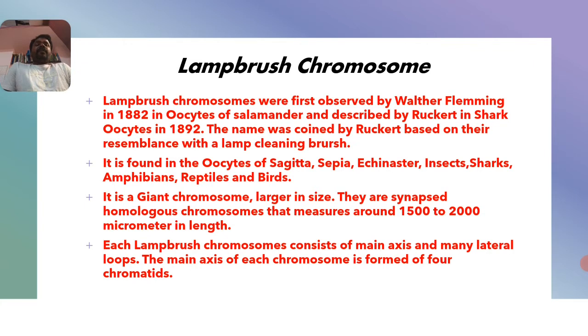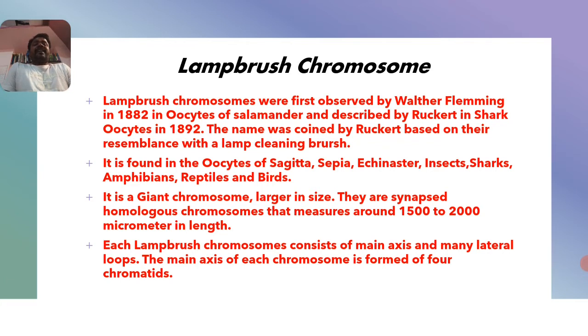It is found in the oocytes of Sagitta, Sepia, Echinoderms, insects, sharks, amphibians, reptiles, and some birds. So these are the organisms whose oocytes consist of this kind of chromosome, the lampbrush chromosome.